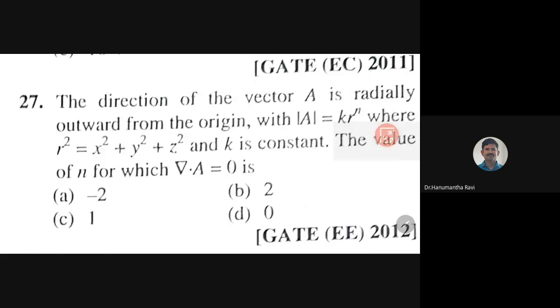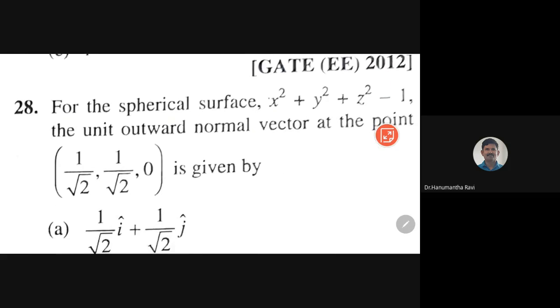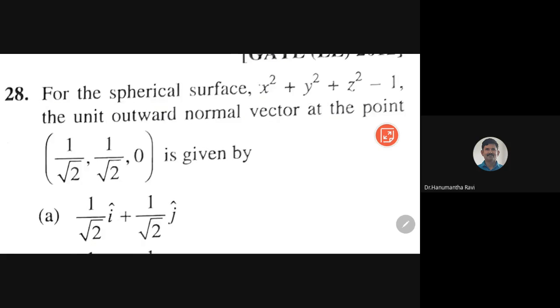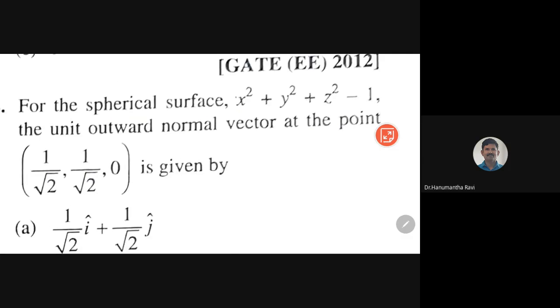We go for the next question. For the spherical surface x square plus y square plus z square minus 1 is equal to 1, what is the unit outward normal vector at the point 1 by root 2, 1 by root 2, 0?